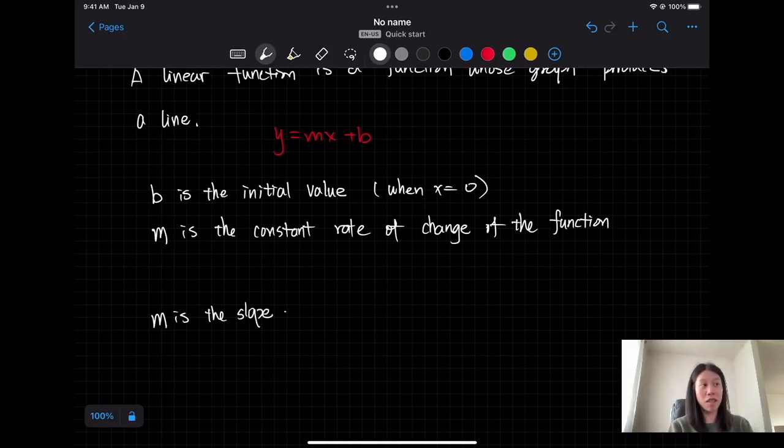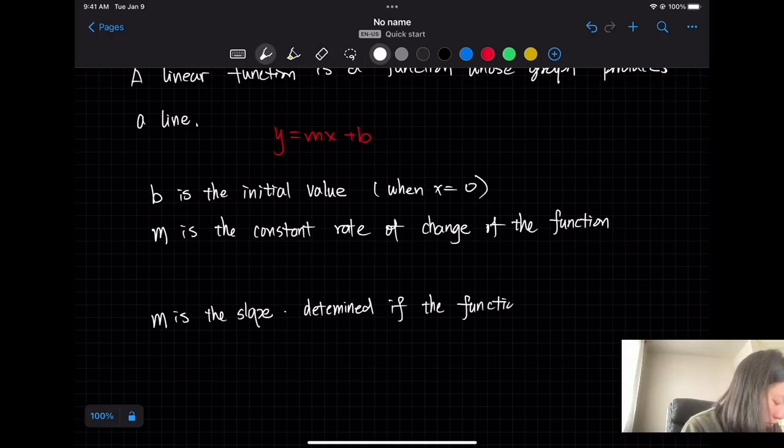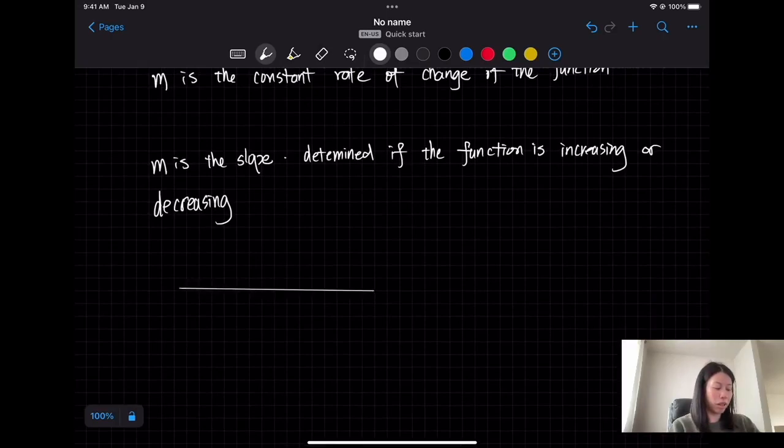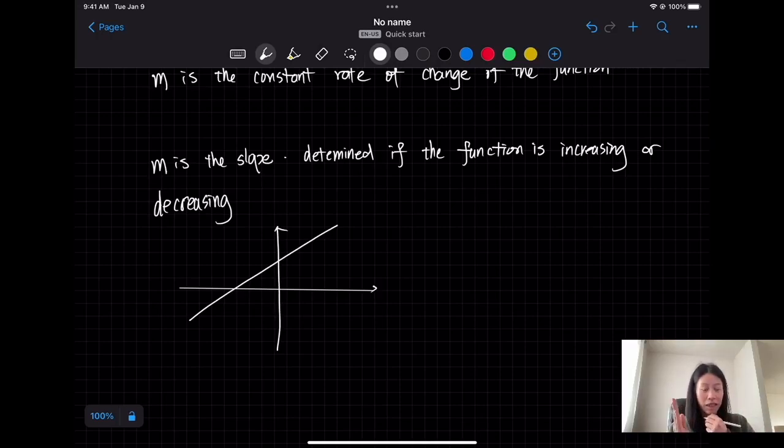The slope determines if the function is an increasing function or a decreasing function. For example, if the graph looks like this one, increasing as you look from left to right, as x gets bigger, y also gets bigger.